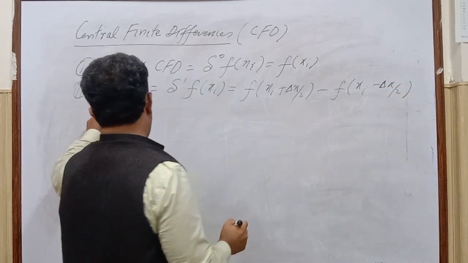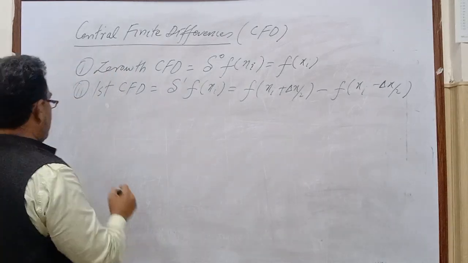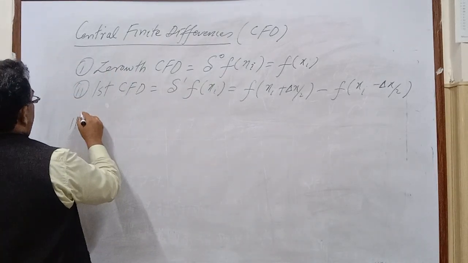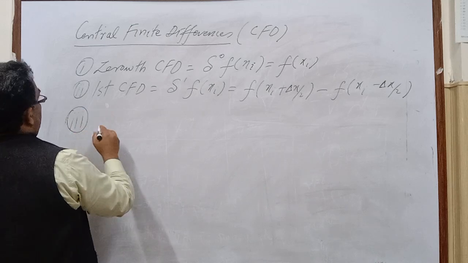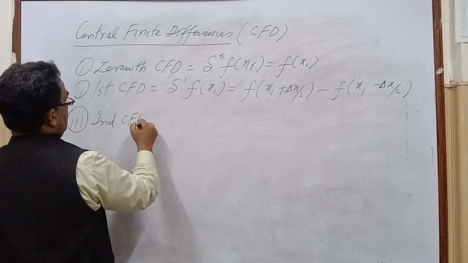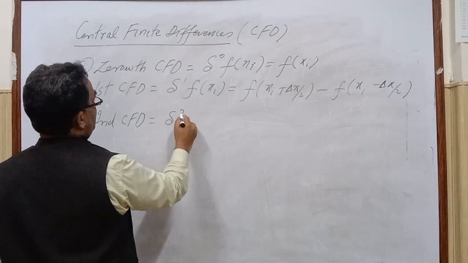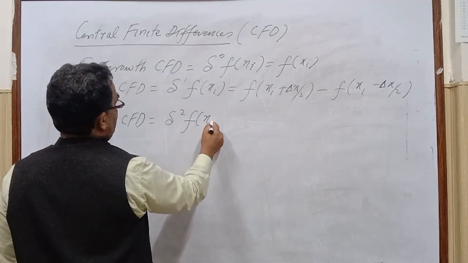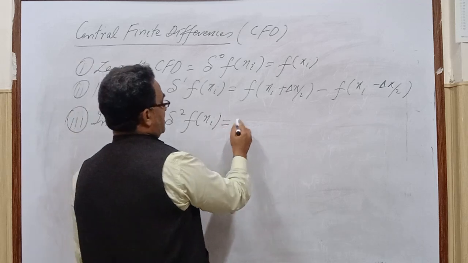So this is called the first level CFD, and just like that, we can define the second CFD. The second CFD is written as delta 2 f of xi, that is written like this.